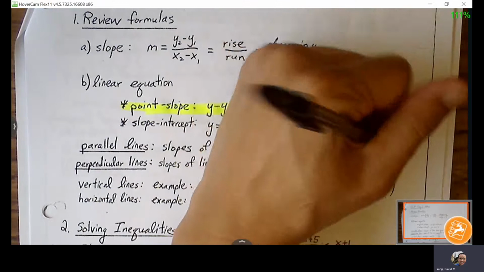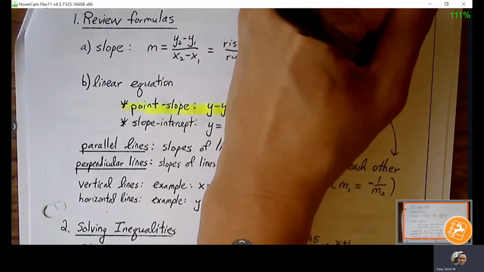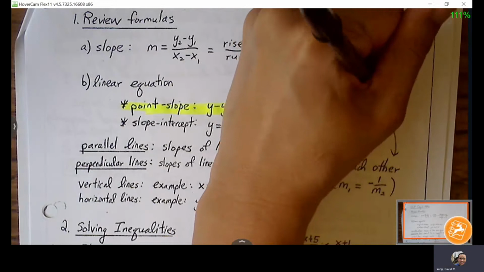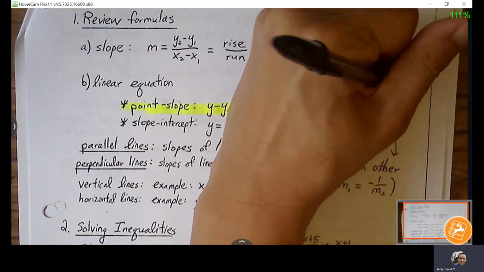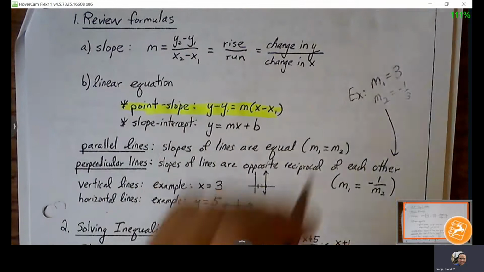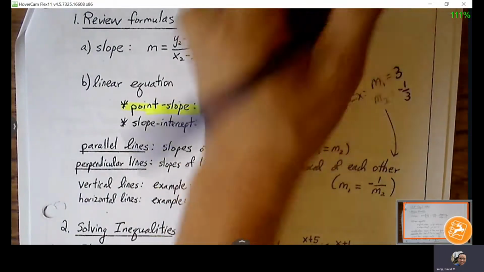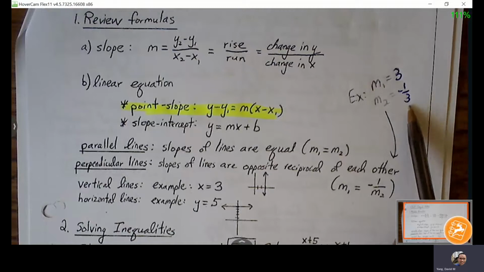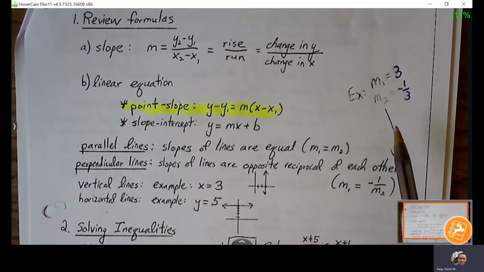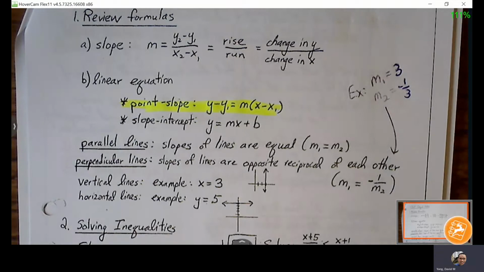An example of that: if the slope of one line is 3 and the slope of a second line is -1/3, that fulfills the condition of one being the opposite reciprocal of the other. You take that 3, you flip it, it becomes 1/3. You change the sign, it becomes -1/3. So we know that these two lines will intersect at a 90-degree angle.